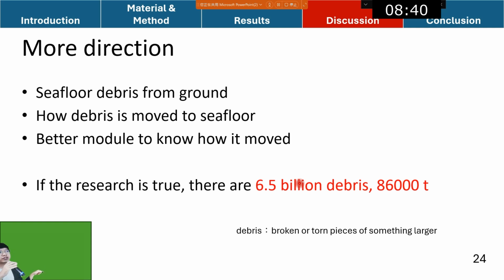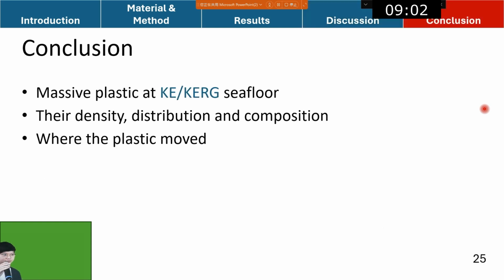But if the research in this paper is true, there are 6.5 billion pieces of debris in the KE and KRG system, and there are 86,000 tons there.